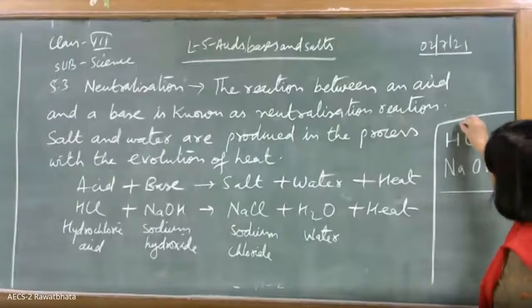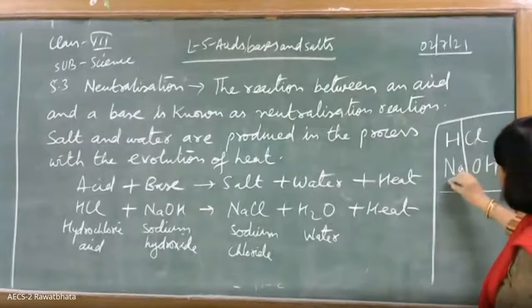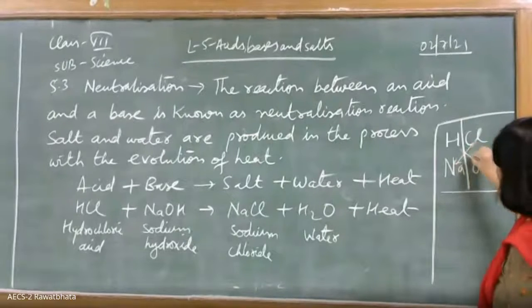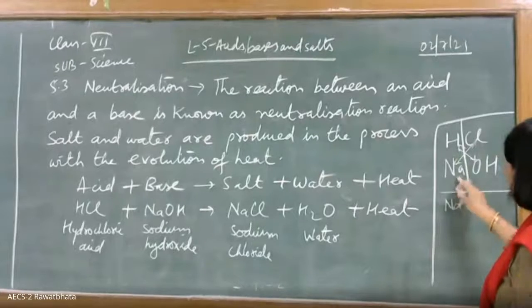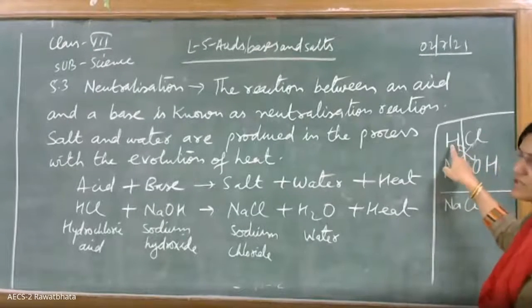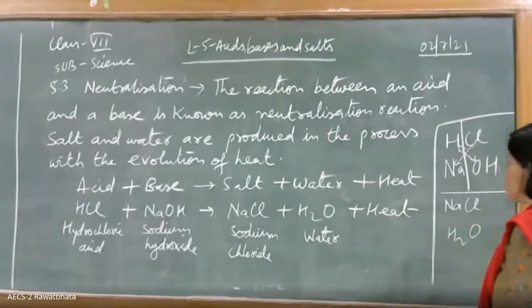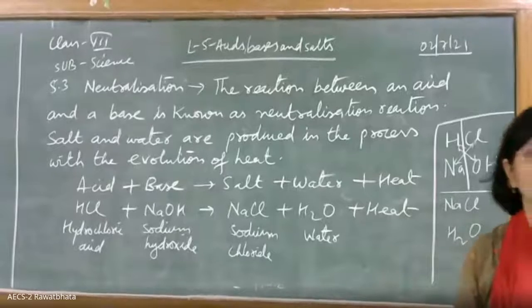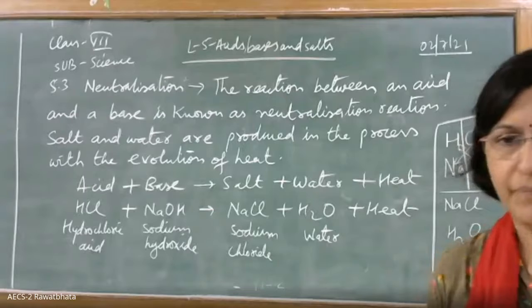For example, it breaks down over here and this joins with this. That means Na from here and Cl from there. And OH and H, 2 hydrogen plus 1 oxygen is H2O. Got it? This is neutralization reaction.